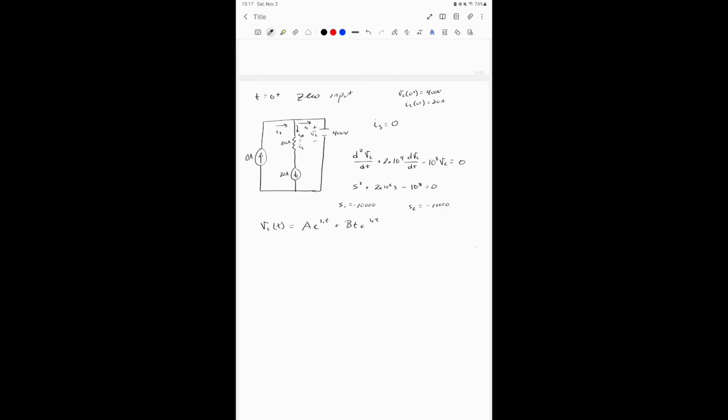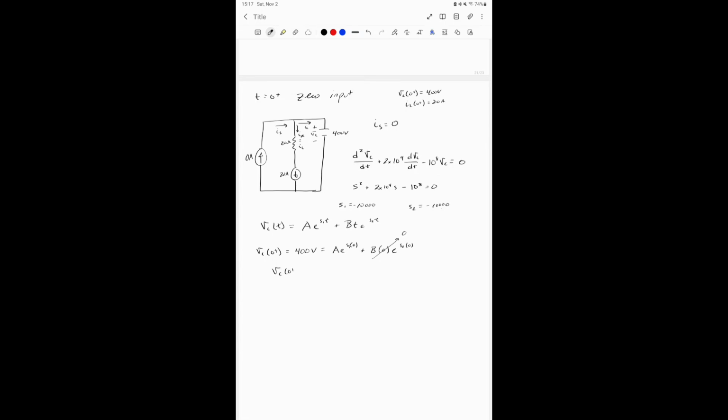Actually, I think we might have to solve for IC still, but let's plug in here first, right? So we know that our VC of 0 plus is equal to 400 volts, which is equal to A e^(S1·0) plus B·0·e^(S2·0), which means that this whole thing is going to go to 0, which means that our A value is going to be 400.